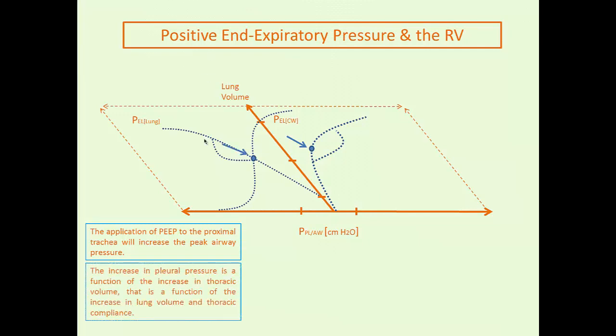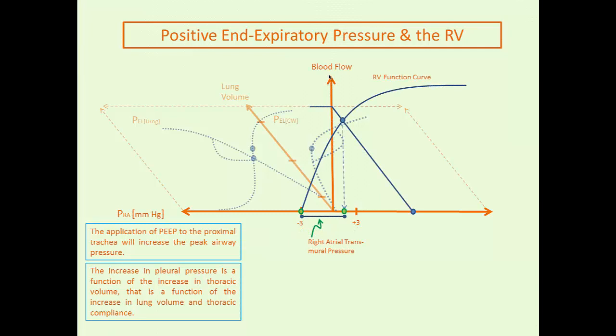But the increase in pleural pressure will follow the chest wall compliance curve. That is, the PEEP will increase the volume of the lung, and then the lung will press out against the chest wall, and the pleural pressure will rise along the chest wall compliance curve. And that's the effect of PEEP.